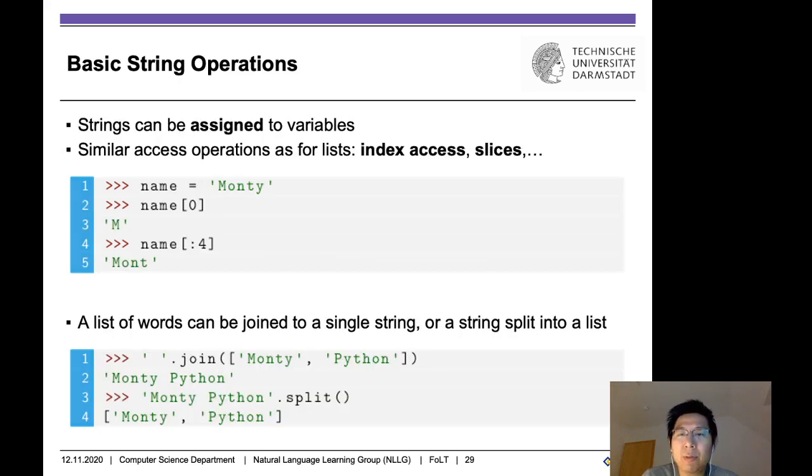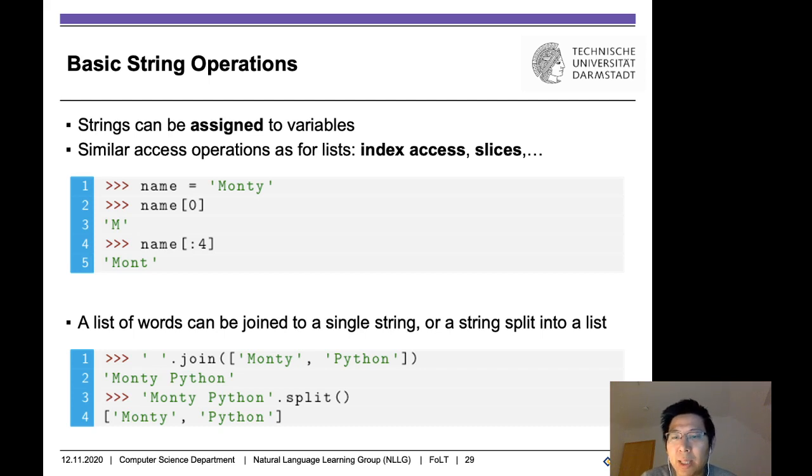And of course, you can just assign strings directly to variables, and you can access some characters in the strings by index, and also a range of characters in the strings, and also you can make some conversions between lists and strings.